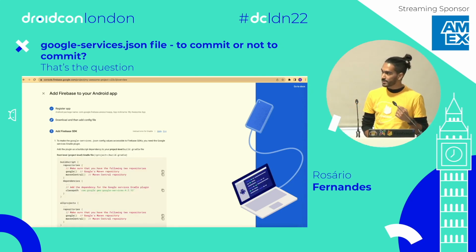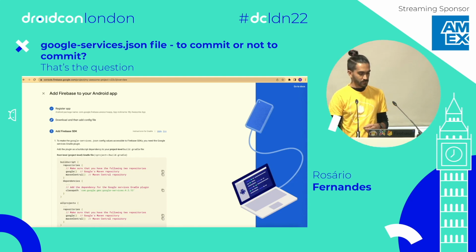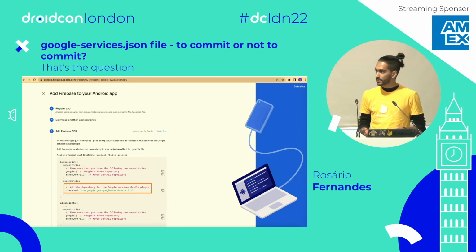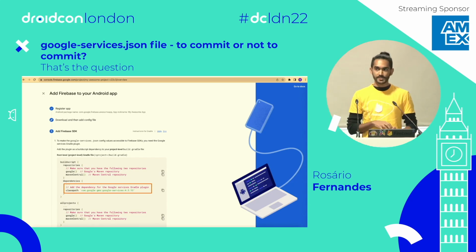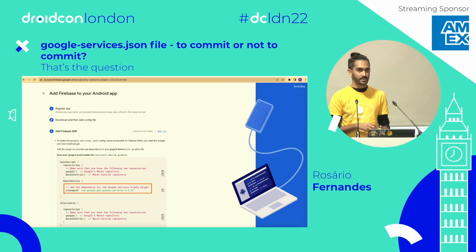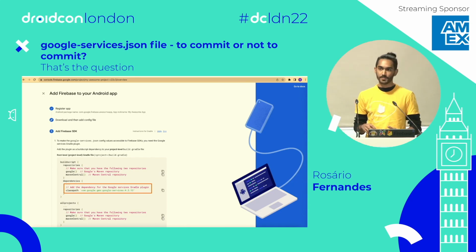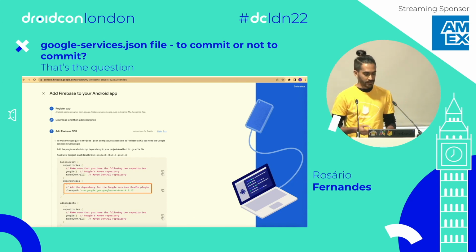First, I want to go to the next step, which tells you to add some plugins to your app and also the Firebase dependencies. The plugin is called Google Services. What this plugin does is basically just read that JSON file from your app, fetch all the values that are in there, and use them to configure Firebase in your Android app.